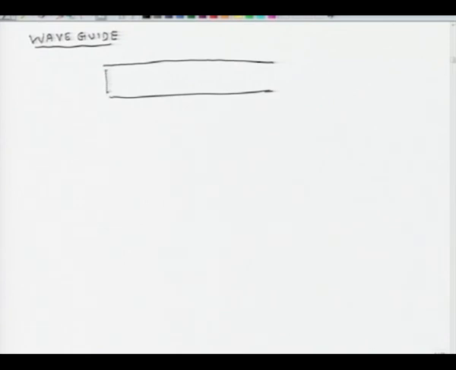And I am generating some pressure fluctuation through some piston mechanism. So, this piston is moving back and forth, it is generating some pressure wave, and this pressure wave is traveling along the waveguide in just one single dimension. There is no wave traveling in the y direction or in the z direction.